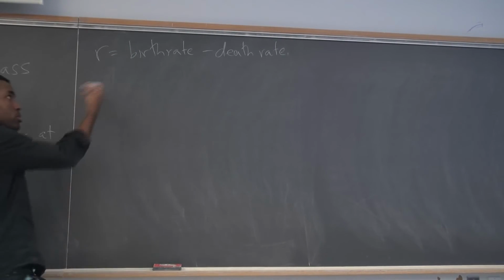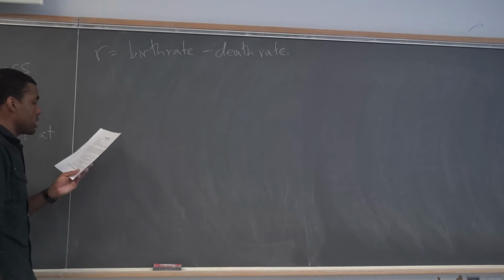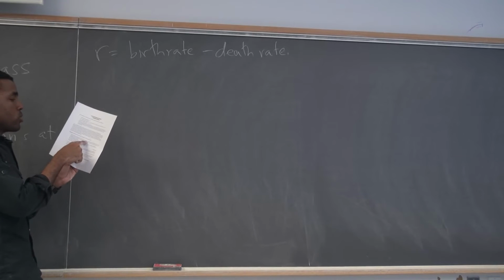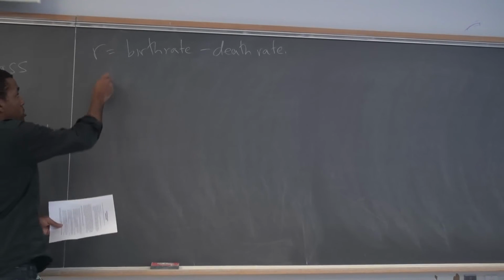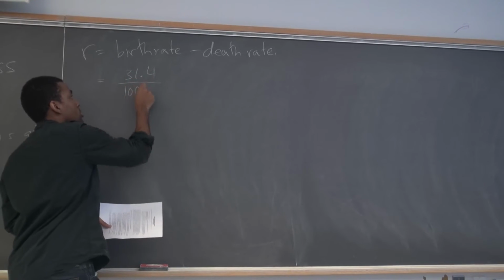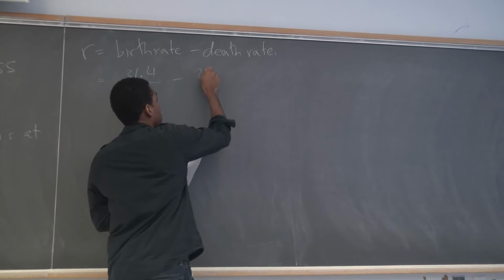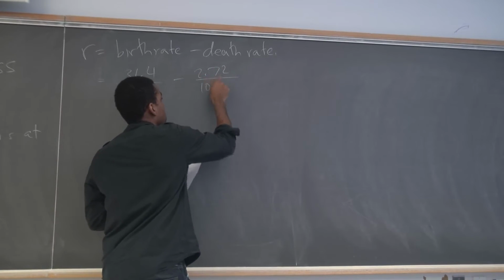It's possible for R to be negative, but in this case it's positive. They said 31.4 per thousand per year, so the birth rate would be 31.4 per 1,000. So you divide by 1,000, minus 2.72 per 1,000.